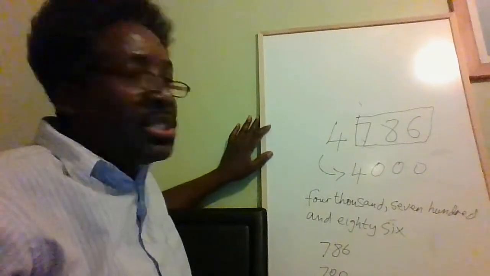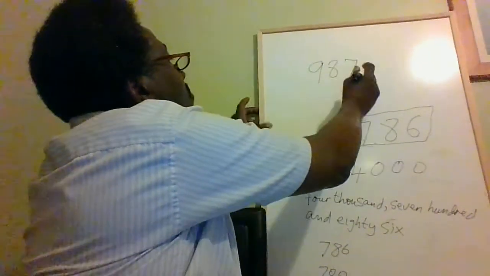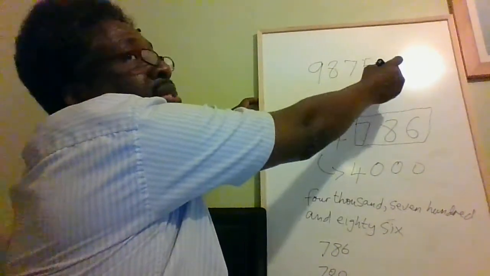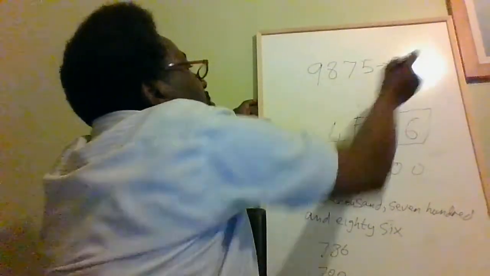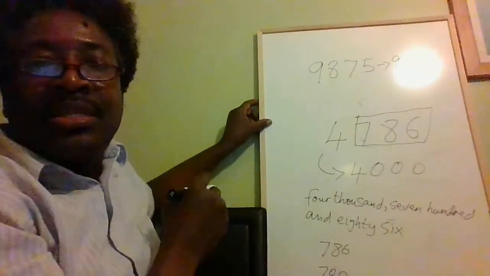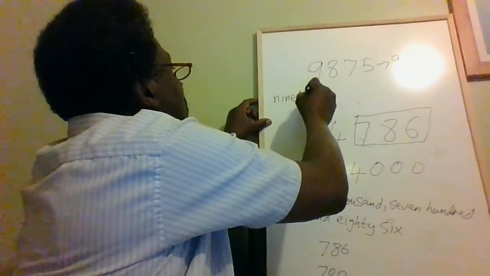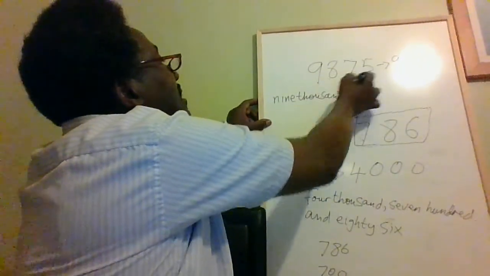Let's do one more 4-digit number in words. Let's say 9875. Make these zeros 9,000. You get 9,000. So that's the first thing you write. 9,000. And then you now say this number.